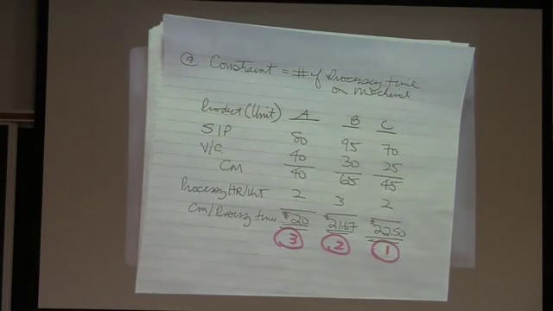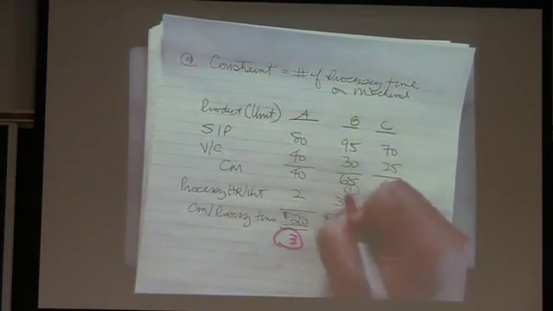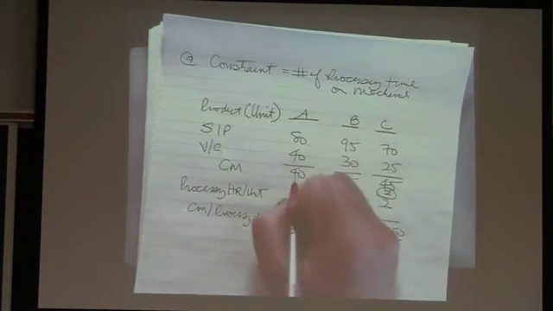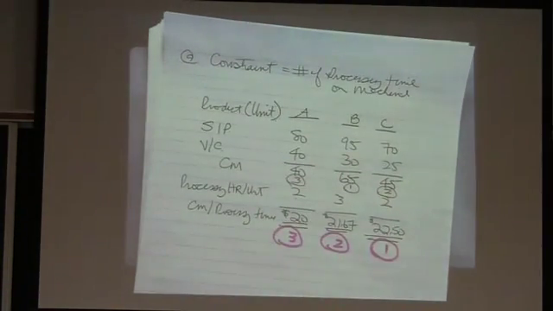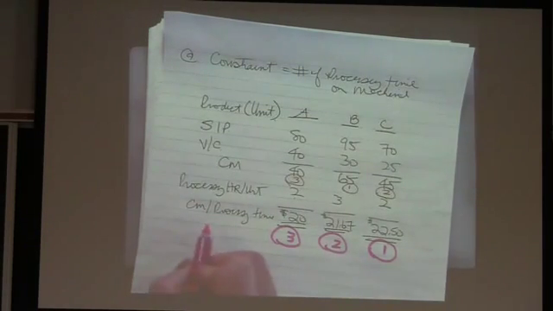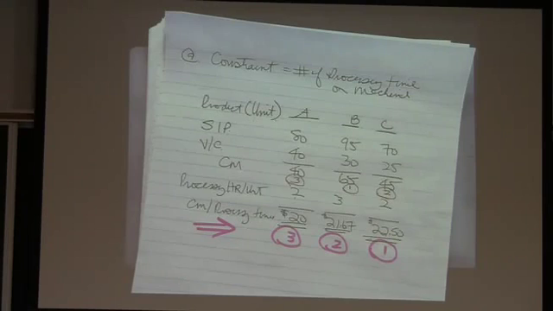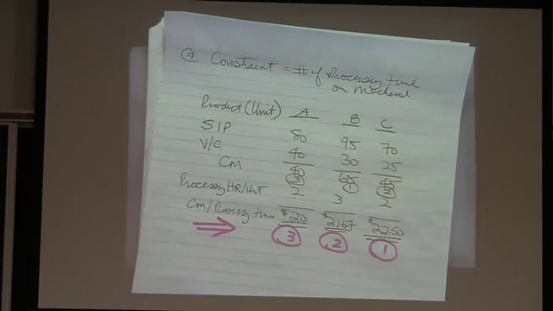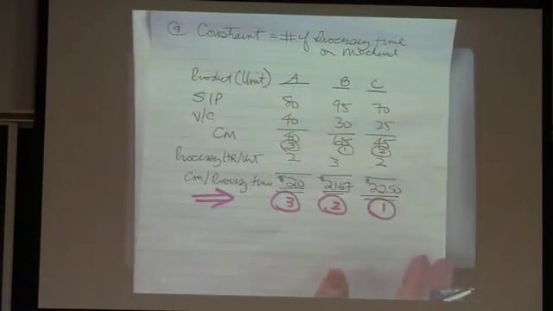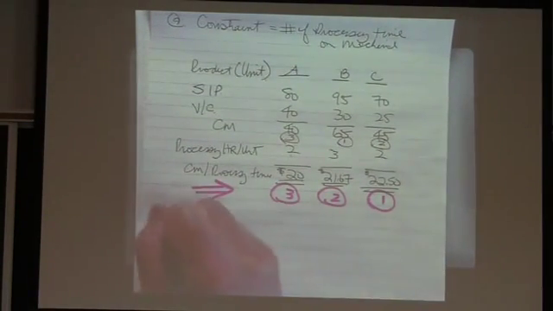Either way, we're going to give up A. A does not generate the highest contribution margin. So we're going to produce the first one, product C, then product B, then product A.